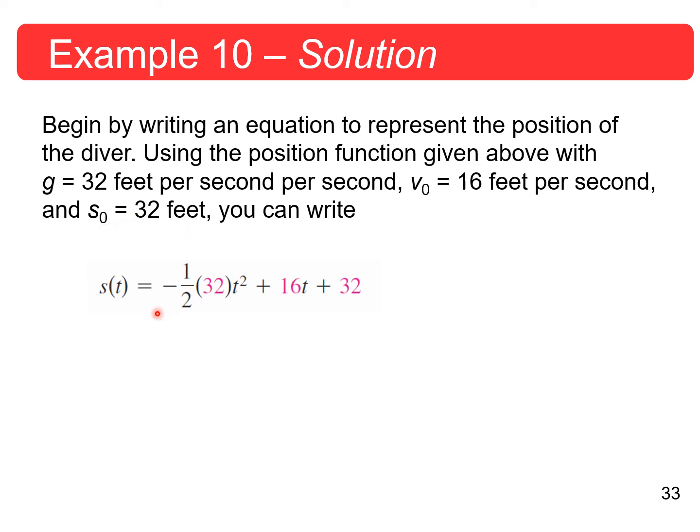So therefore, you can write for the position function: negative 1/2 times 32 for g, then t squared, plus the initial velocity, that's 16t, and then the initial position, which is 32 feet. So this is our position function. Simplifying this, we have negative 16t squared plus 16t plus 32.